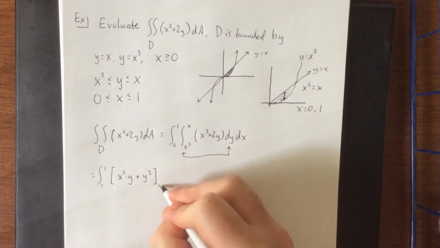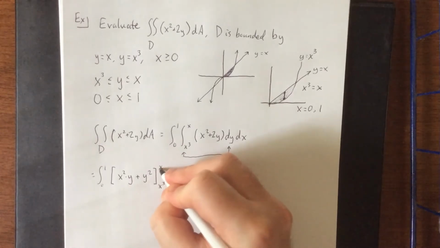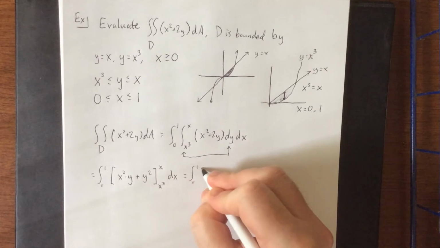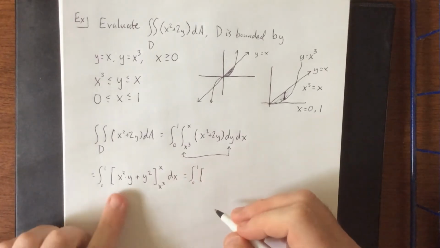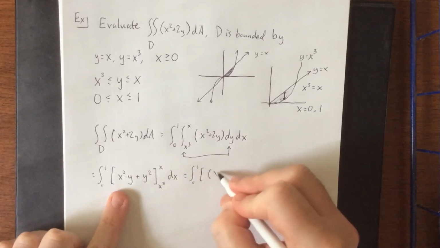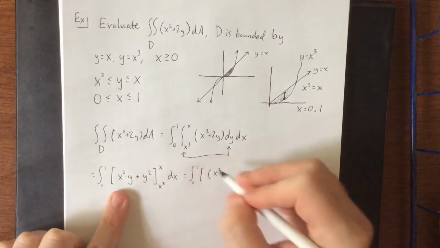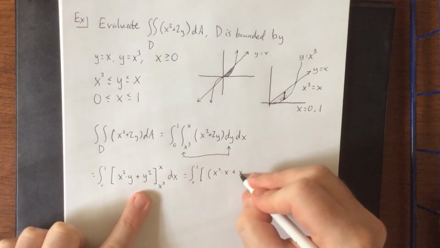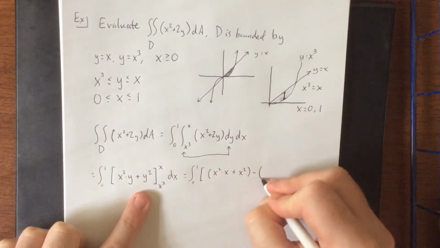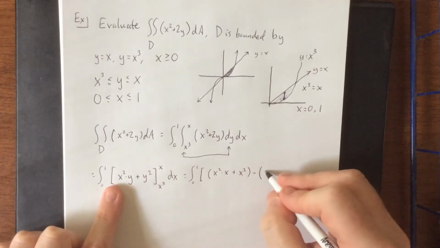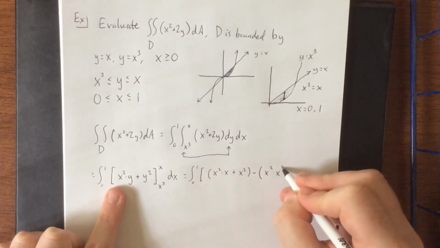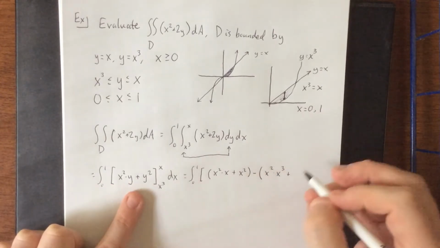That's going to go from lower bound x cubed to upper bound x. Evaluating these will give us, for the upper bound, x squared times x plus x squared, minus, plugging in the lower bound, x squared times x cubed plus x cubed squared.